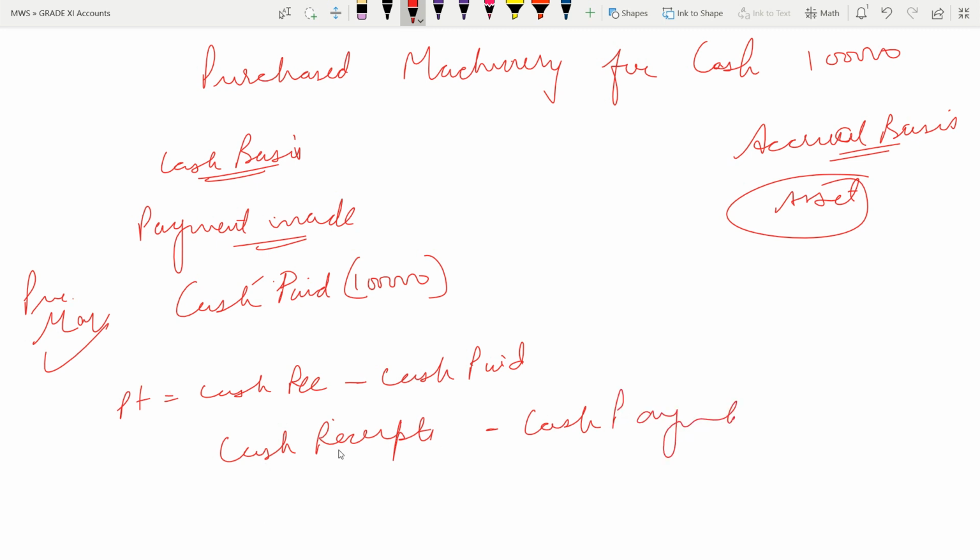So if you have received 10 lakh and your payments were 8 lakh, then you incur a profit of 2 lakh. This is very simple.